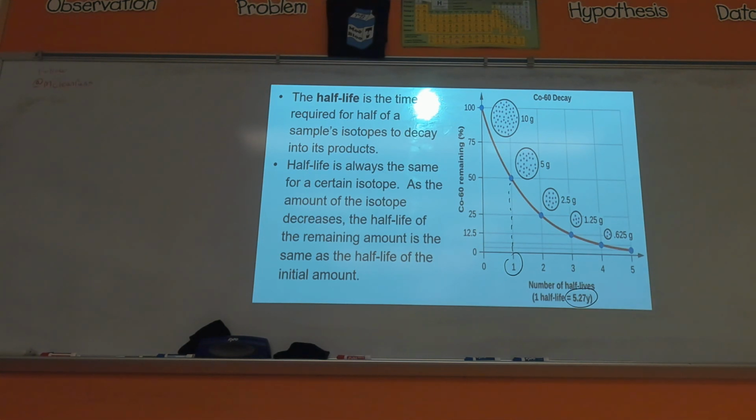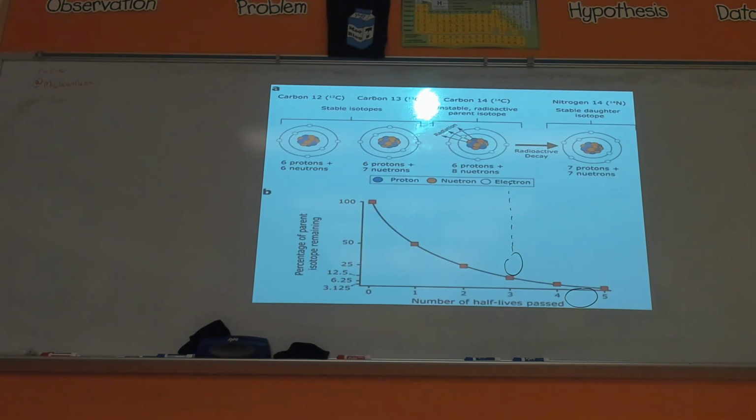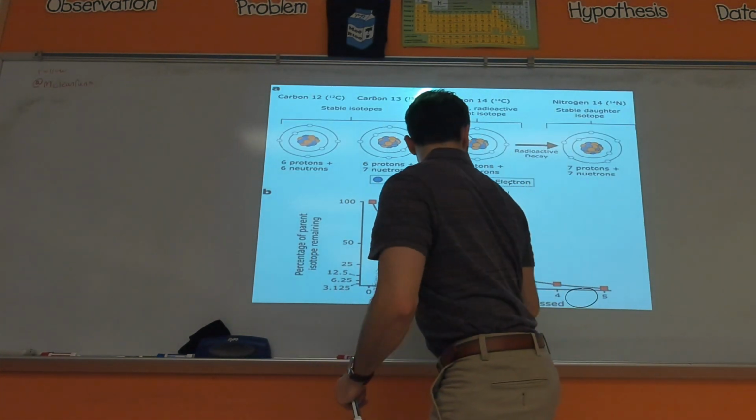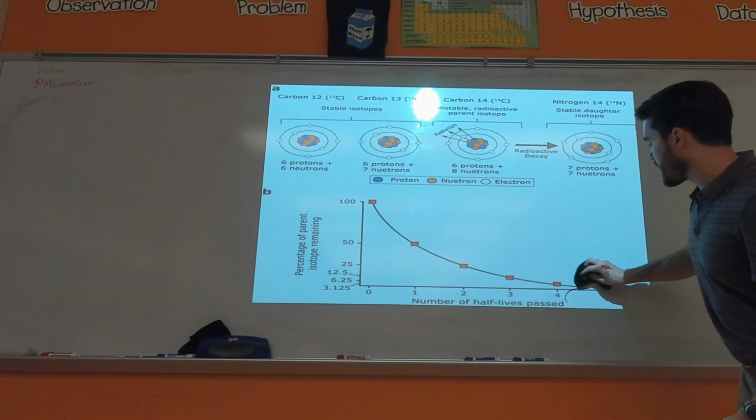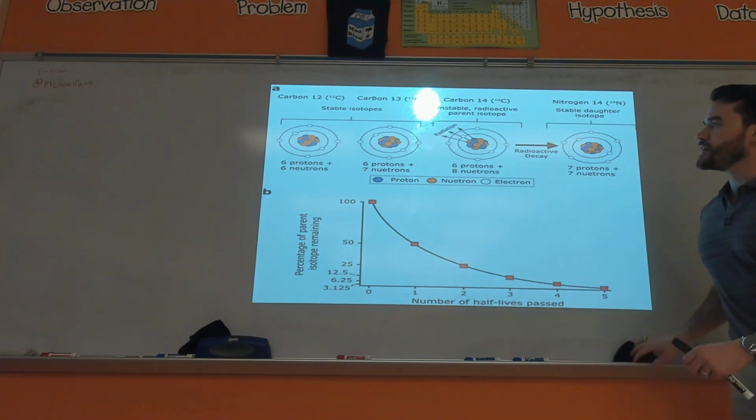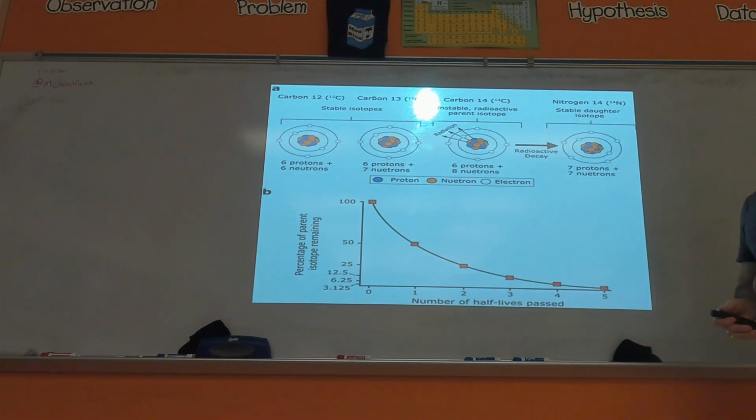All right, moving on. Here's another graph showing you a lot of the same things, but trying to help you better picture what's happening. Over here you have your carbon atoms.